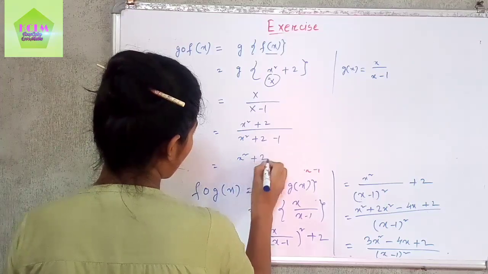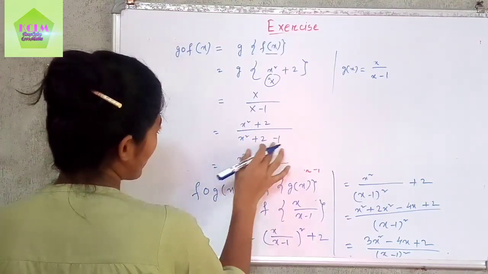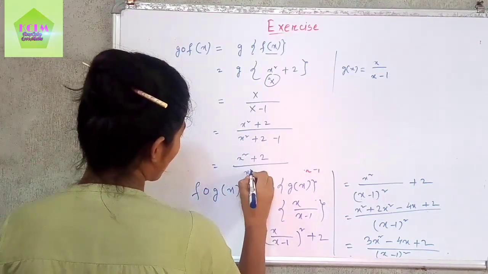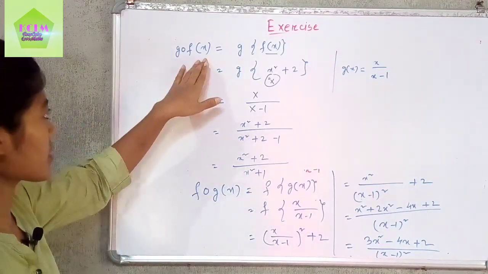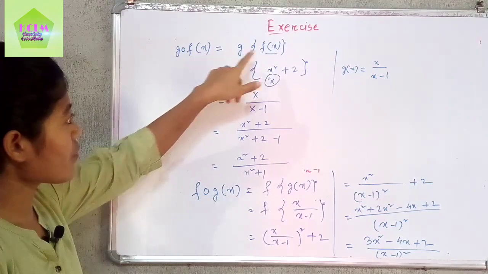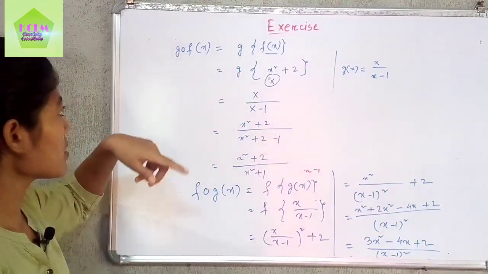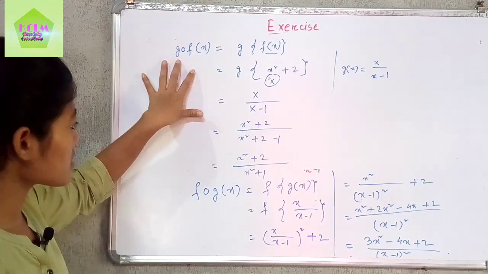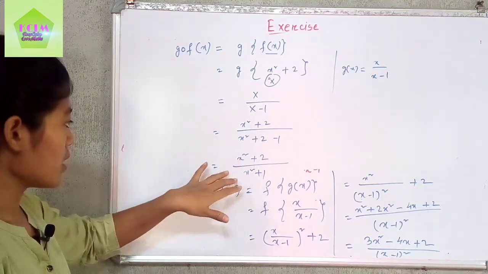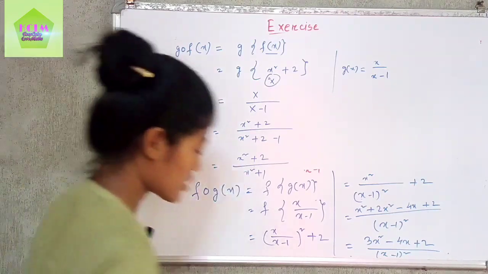Now finally 2 minus 1 is 1, so x square plus 1. So g naught f of x, by definition g of f of x, and applying the definitions of f and g in the question, we finally get this equals x square plus 2 divided by x square plus 1.